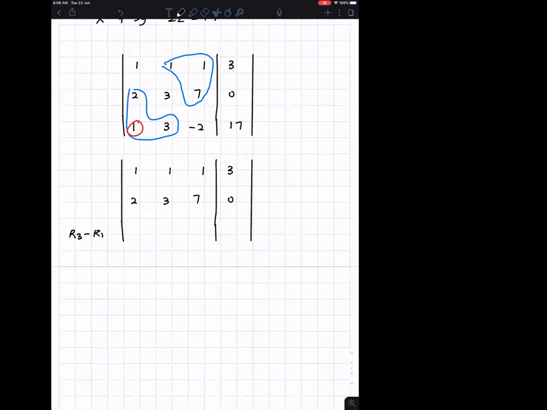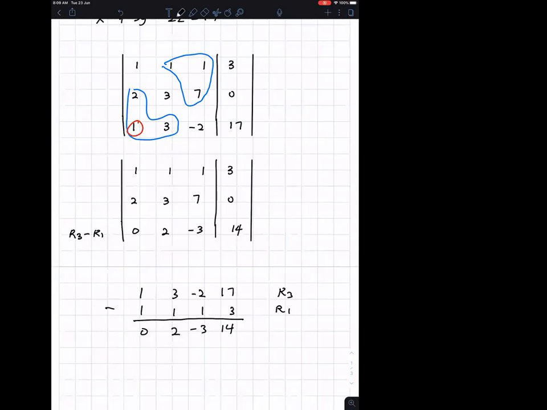Row 3 minus row 1, so 0, 2, minus 3, 14. Is that correct? Yes, sir. Okay.